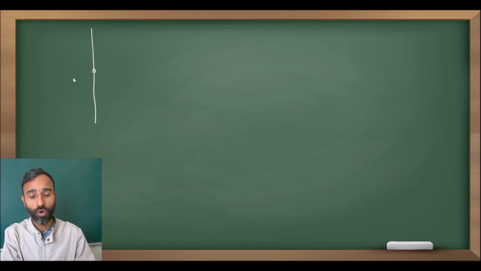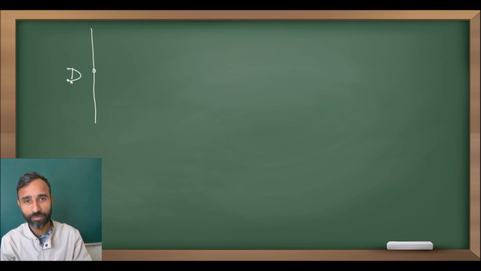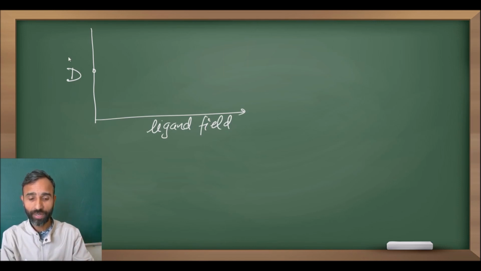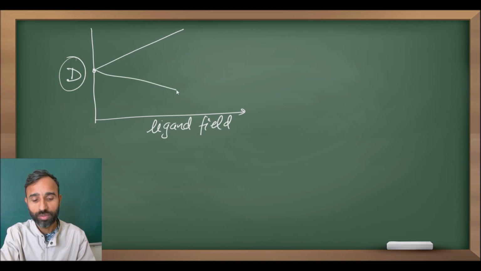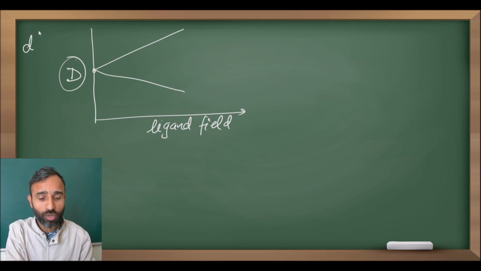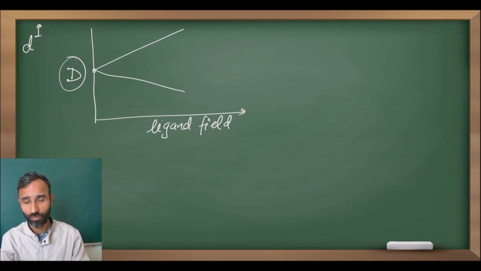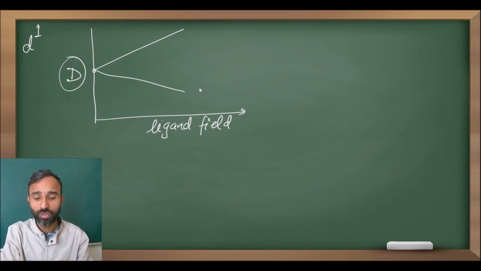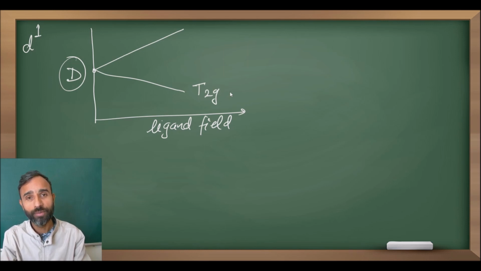Now, if you draw the diagram for the D state with ligand field, in the free metal ion it is D state, but in case of ligand field they split into two parts depending upon their electronic configuration, like D1, D4, D6, D9. So for D1, one electron transition, promotion of one electron from T2G to EG.